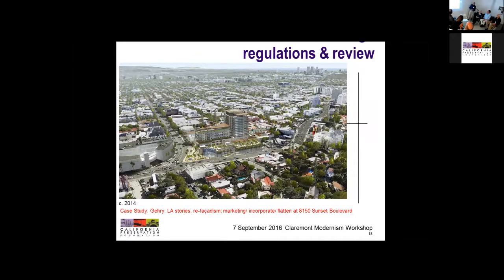This was from about 2014, and you're looking at the property itself, a mid-rise tower, and a big landscaped area. This is a sort of mixed-use development, and right across the street, a movie theater mixed-use development. And that is Sunset Boulevard as it goes there. It was the Marlboro Man ad that everybody knows.